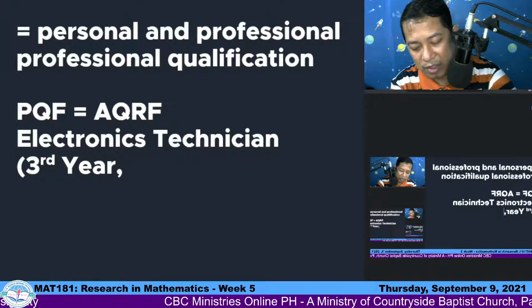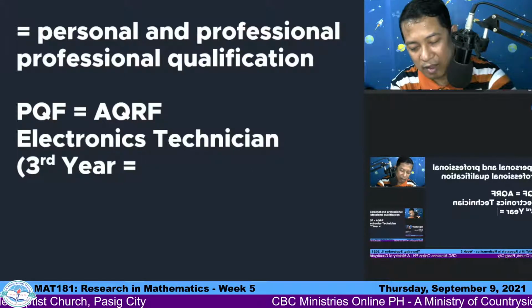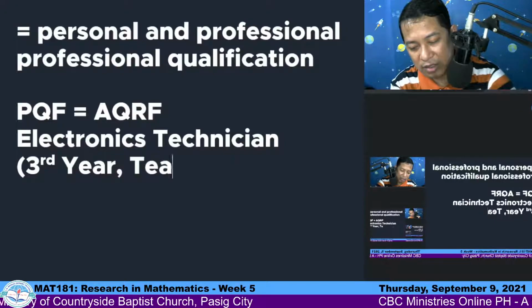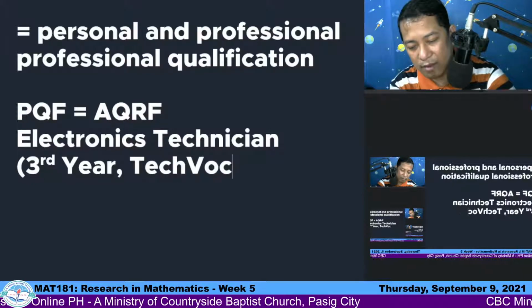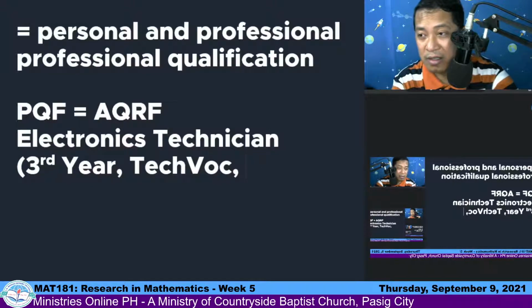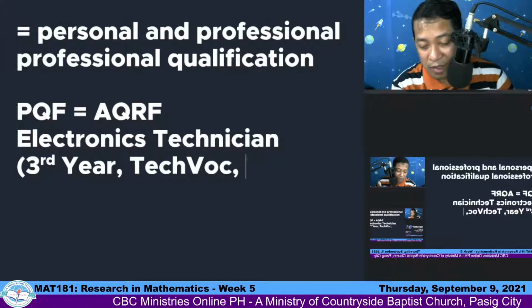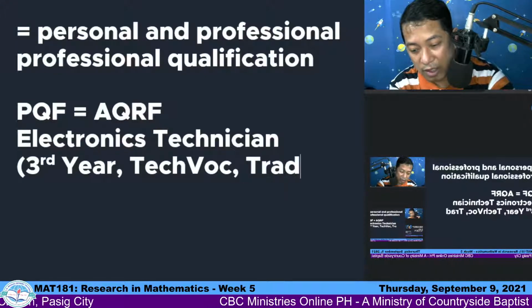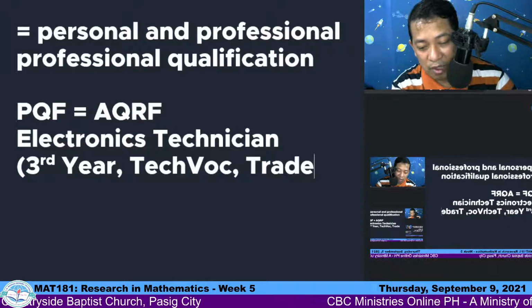Those who are also graduates from trade schools are equivalent to what we call electronics technician.